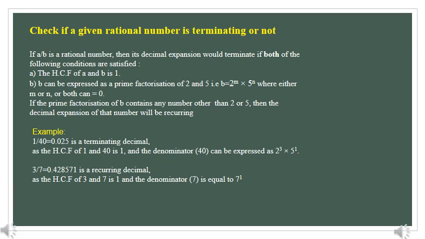First, the HCF of a and b is always 1. Second, b, which we call the denominator, can be expressed as a prime factorization of 2 and 5, that is 2 raised to the power m into 5 raised to the power n, where either m or n or both can be equal to 0.